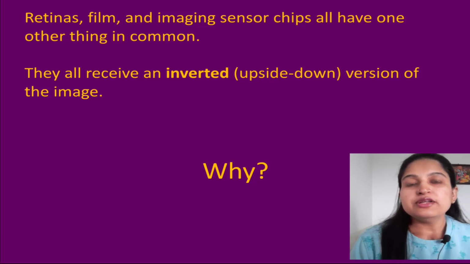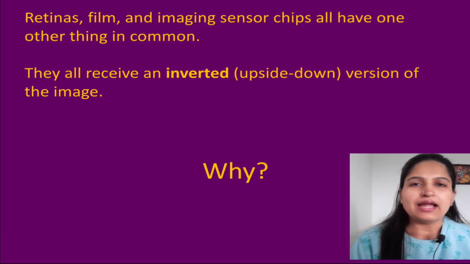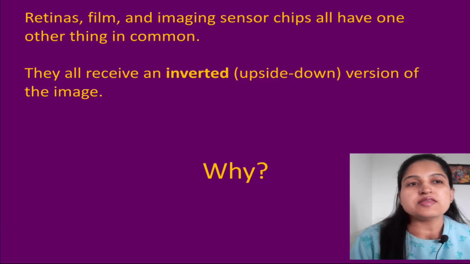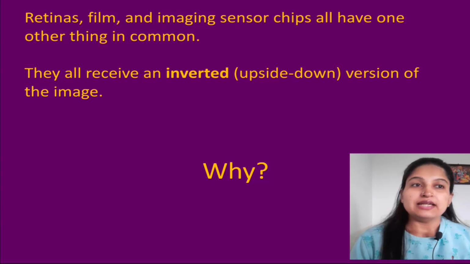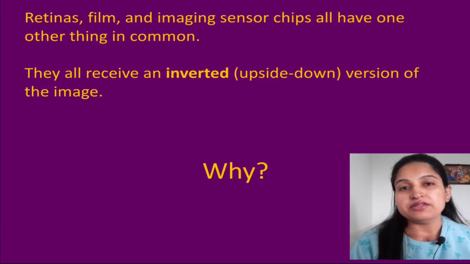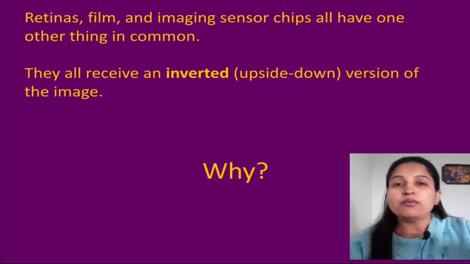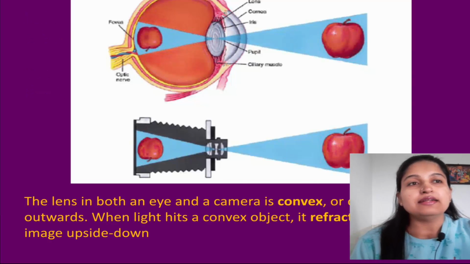I would like to discuss a very important thing about light and a camera. Do you know what this is? They all receive an inverted image, that is, an upside down version of the image. By upside down I mean this kind of image, the image of an apple you are seeing here.